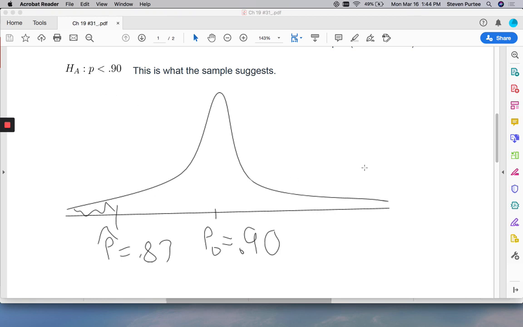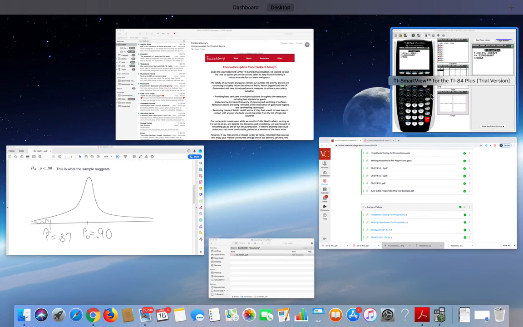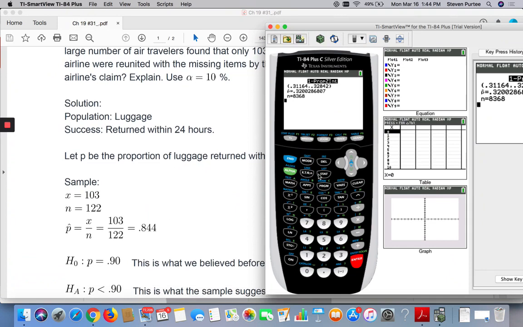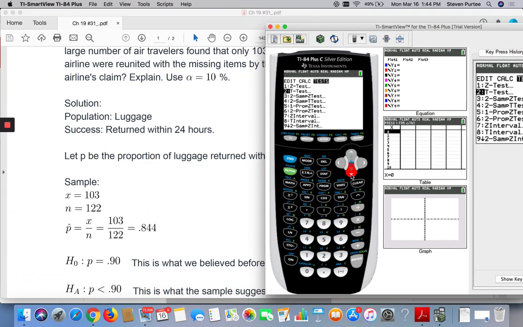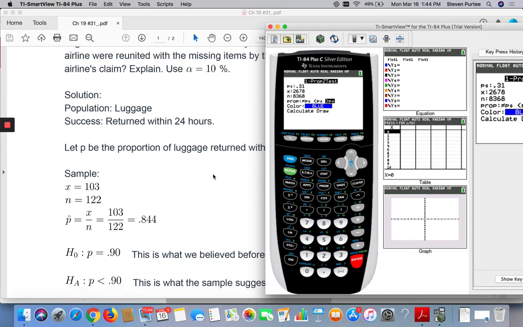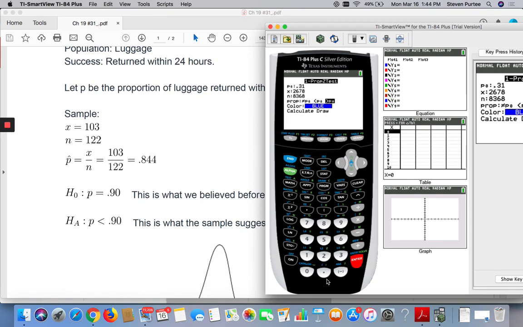Okay, we use our calculator. So we're going to go stat over to tests, down to number 5. Too far. Our P naught, the number we used to believe before we did the sample, 0.90.